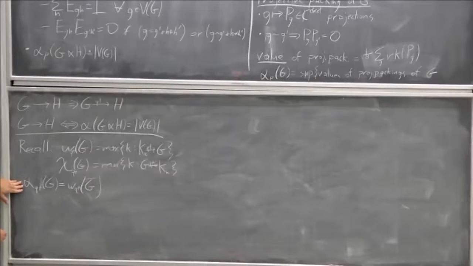Since we're going to be focusing on this, I just want to explicitly write out what it means to have a quantum independent set of size k in terms of these projections.